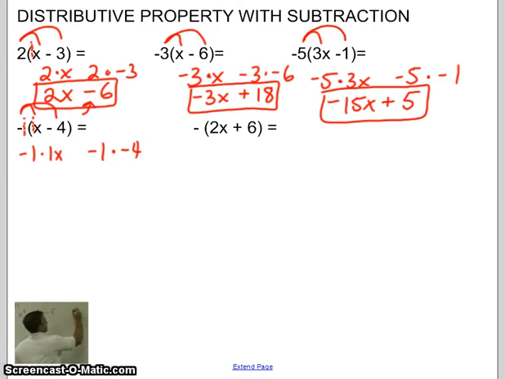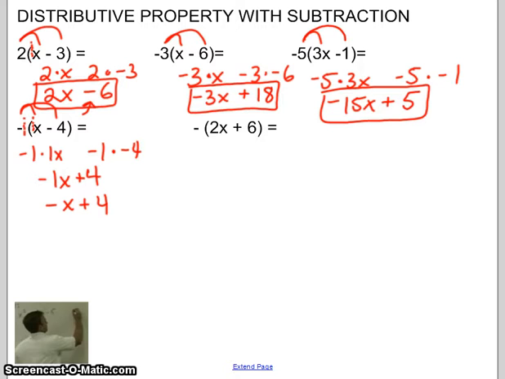Negative 1 times x equals negative 1x, and then negative 1 times negative 4 is positive 4. So we get negative 1x plus 4 or negative x plus 4.